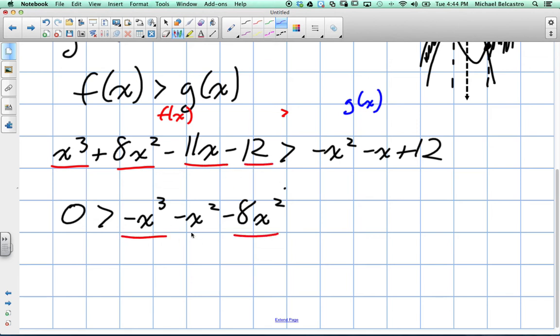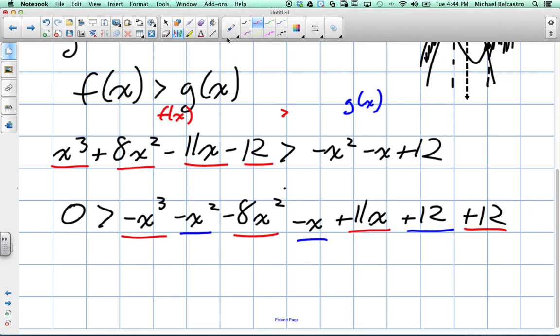Okay, and the blue were the original equations. Negative x, that's blue, and then positive 11x, that's our red, and then finally positive 12 is our blue, and positive 12 again is our red. So we moved everything to the other side. The inequality didn't switch because we didn't multiply or divide by any negatives.